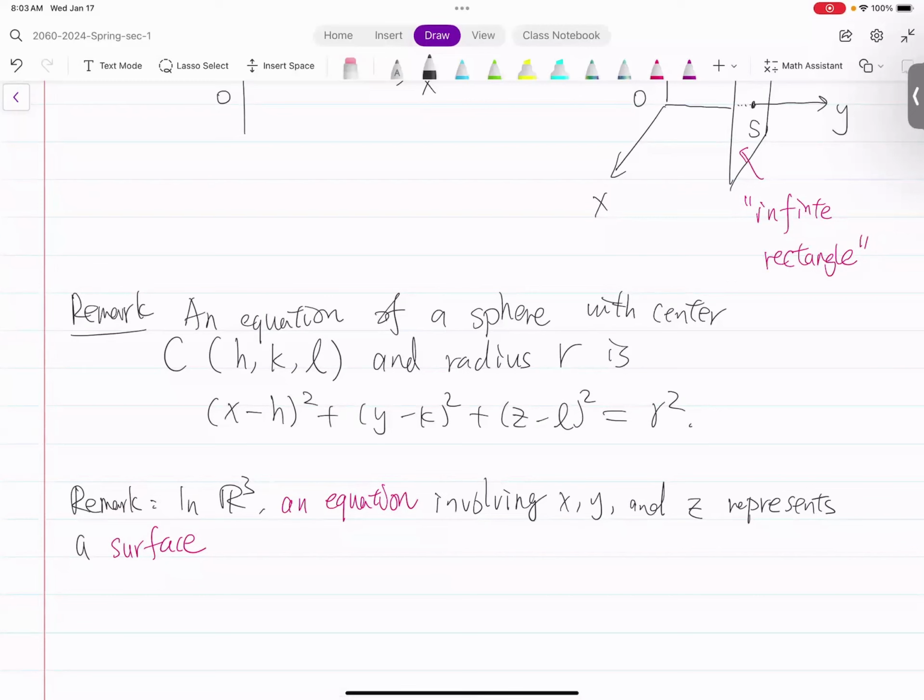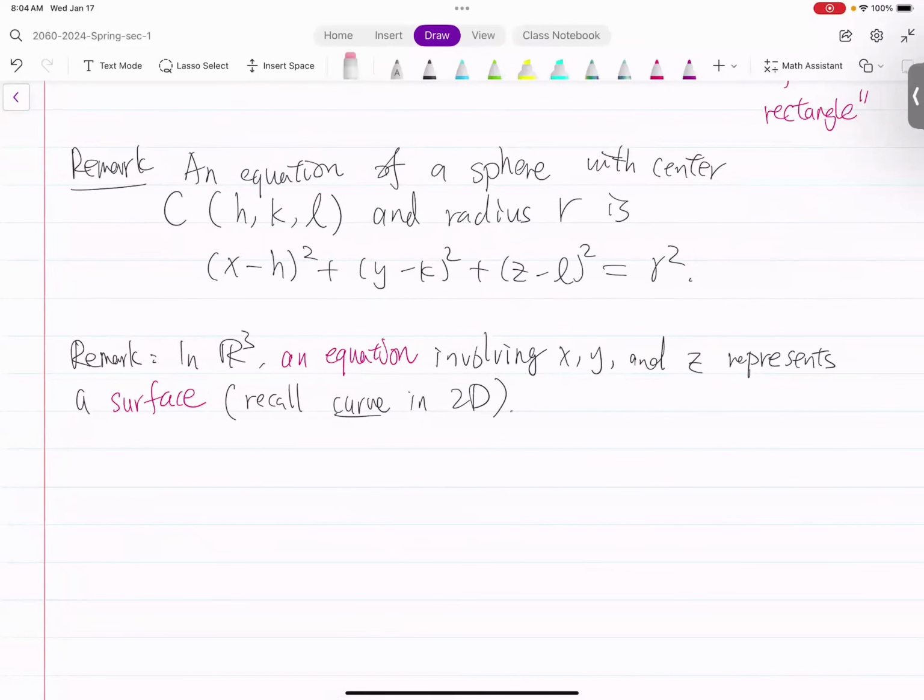So the sphere equation is an example of a surface in 3D, which is really different from the two-dimensional case. Right? So recall, if you have one equation, then it will define your curve, right? In 2D, in the xy plane.